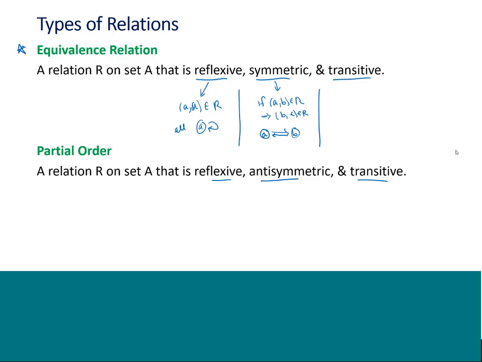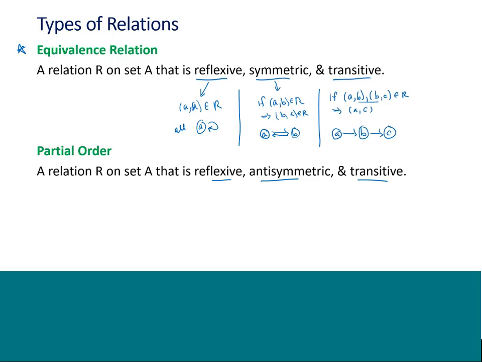And the last thing is the transitive property. The transitive property says if you have 2 ordered pairs, and the key thing with the 2 ordered pairs is you have to have a common element in the second position of one of them and the first position of the other. So if both of those ordered pairs are in your relation, then you should be able to find somewhere else in your relation the ordered pair A, comma, C. Or in terms of the digraph, if you can find some length 2 path, and here when I say path, we're not doing it in the proper graphical sense.